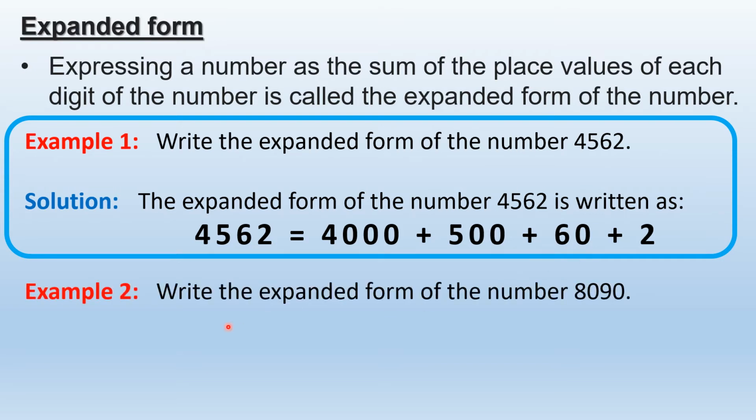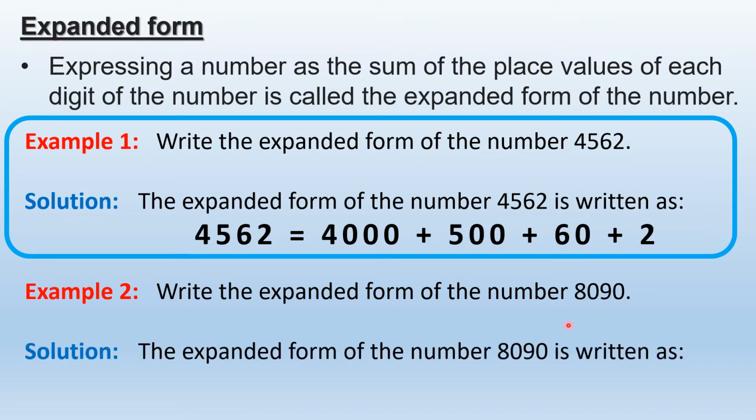Different kind of examples. Example 2. Write the expanded form of the number formed by the digits 8090. Solution.